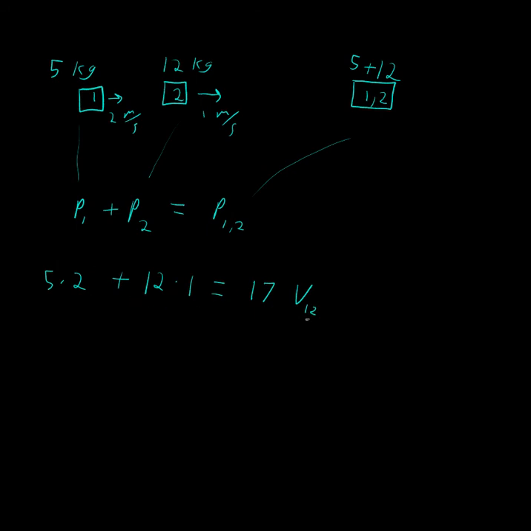So now it's just simply solving for this v1-2. 5 times 2 is 10, 12 times 1 is 12, so plus 12 equals 17 v1-2. Now it really is just simply walking through these steps, solving for my v.